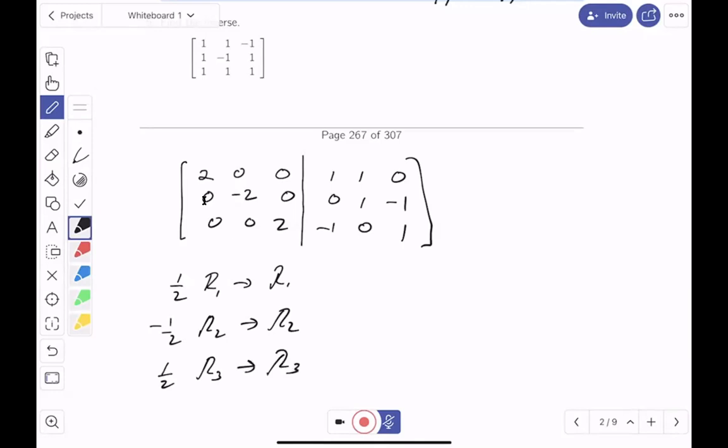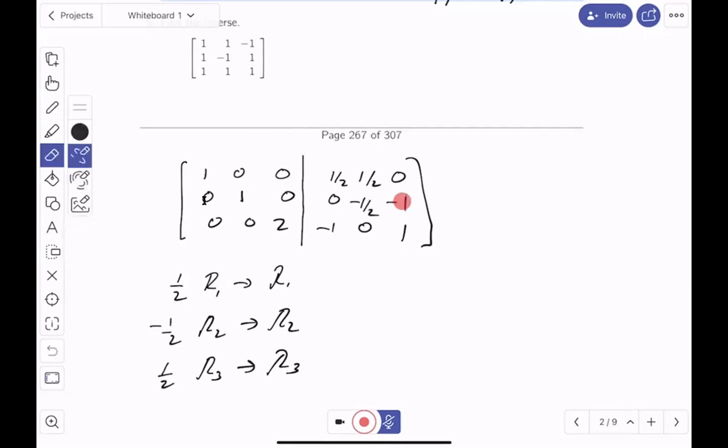Fairly easy to do. Let's go through that and get a little bit more comfortable with this. This becomes 1. This becomes 1/2. This becomes 1/2, right? This becomes 1. Whoops. This becomes minus 1/2, and this becomes plus 1/2.